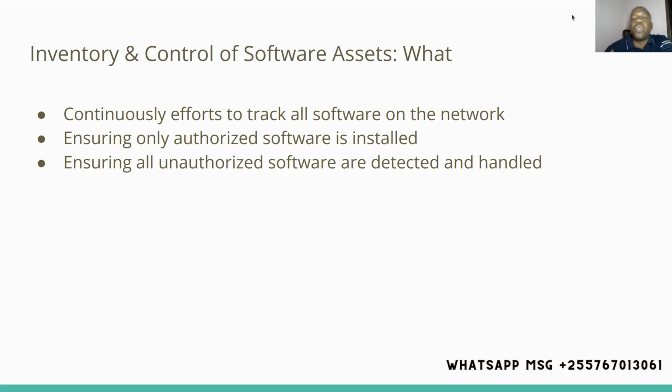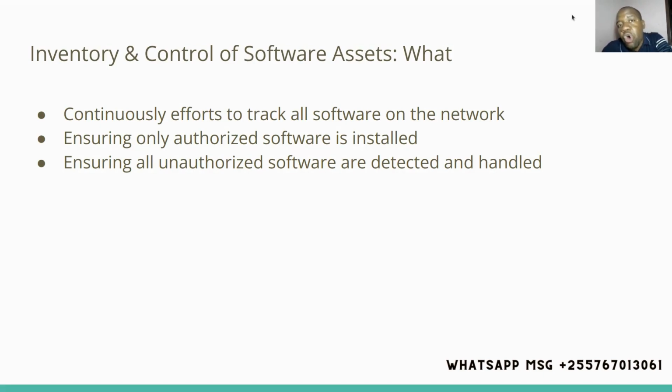Here the focus is on continuously tracking the software in your network. We have already tracked the hardware in our network and have our inventory, but now we are also supposed to know each and every kind of software that is running in our given IT infrastructure.